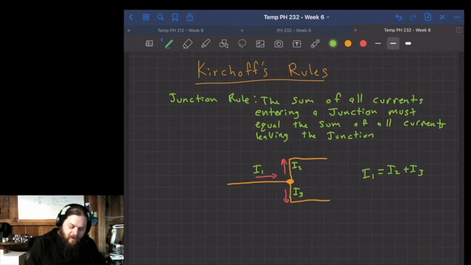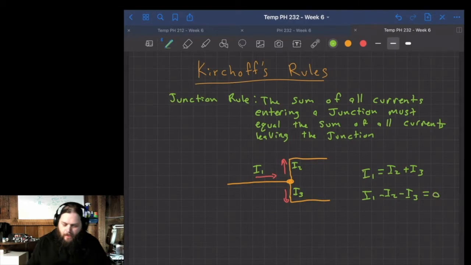You can also say that the summation of all of them, I1 minus I2 minus I3, is equal to 0, which is how I like to look at it. The total amount of current at every junction should be 0. So the ins are positive, the outs are negative, and we get a total summation of 0 there.